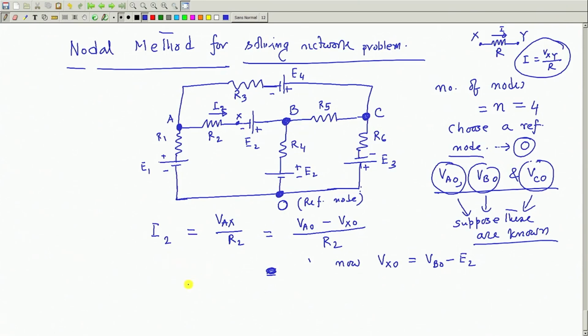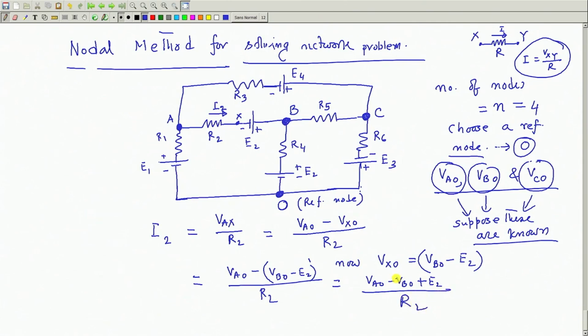Therefore I2 becomes Va0 minus Vx0, which is Va0 minus Vb0 plus E2, divided by R2. This will be the current.